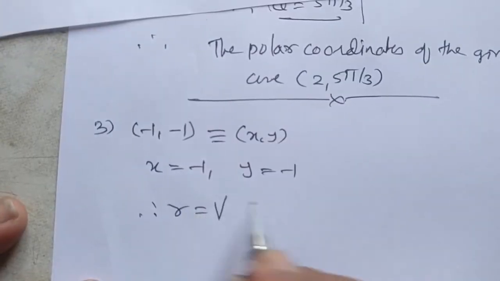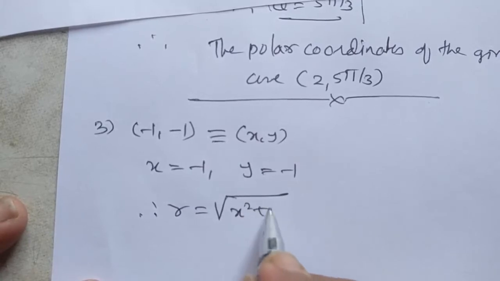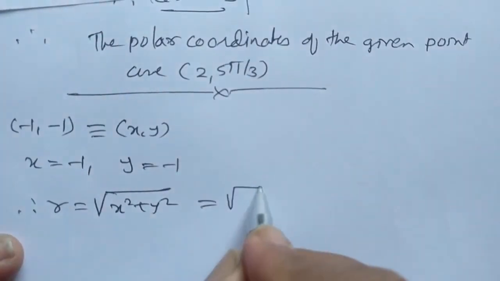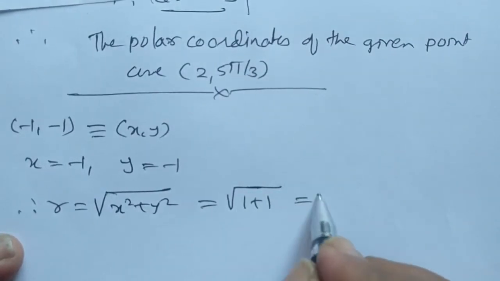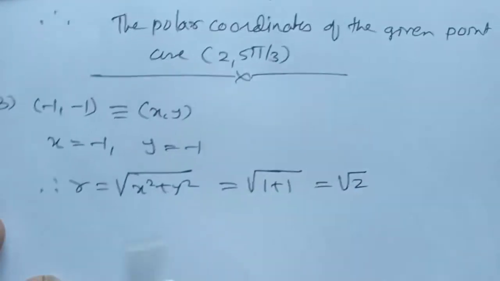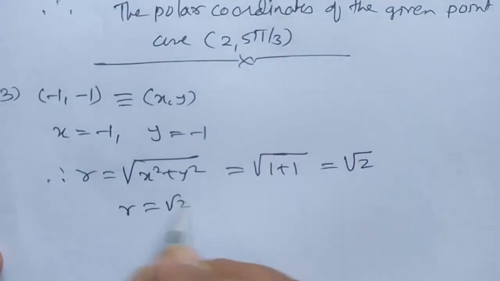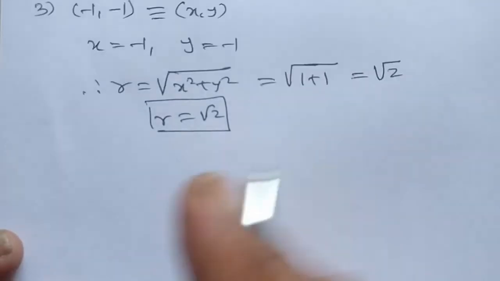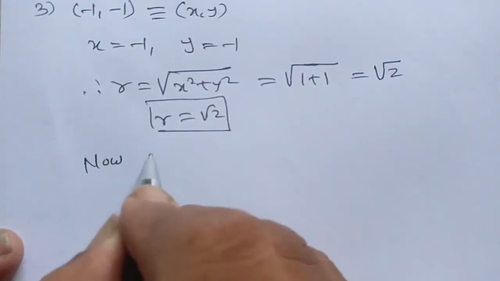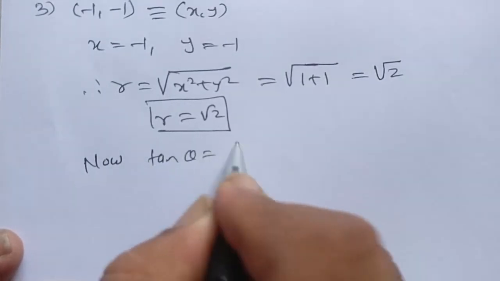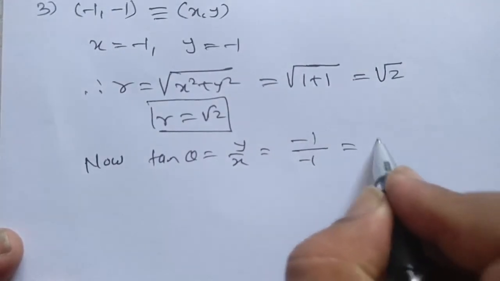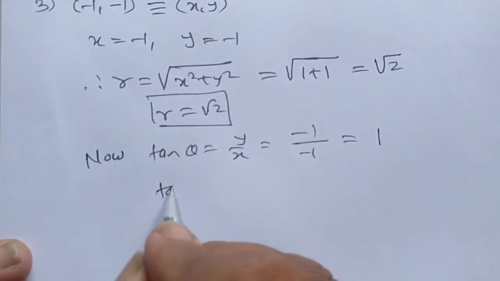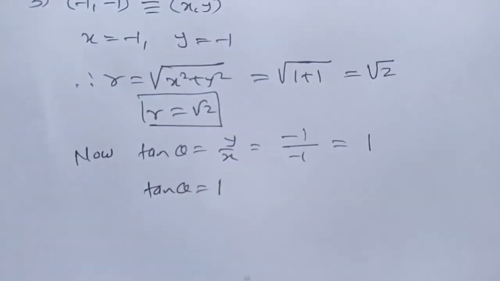Therefore, r is equal to under root of x square plus y square. It is equal to minus 1 square is 1, minus 1 square is 1, 1 plus 1 is 2, under root 2. So, r is equal to under root 2. We get one relation. Now, tan of theta is y upon x, minus 1 upon minus 1, it is 1. So, tan theta is equal to 1.